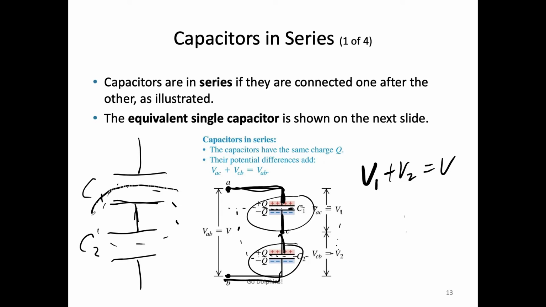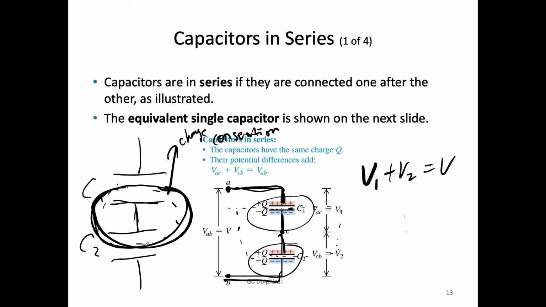So this is an isolated system, and for an isolated system we have charge conservation. If you start with C1 and C2 without any charge, you're not going to have any charge here. If you start with C1 and C2 charge neutral, and then you charge C1 and C2.